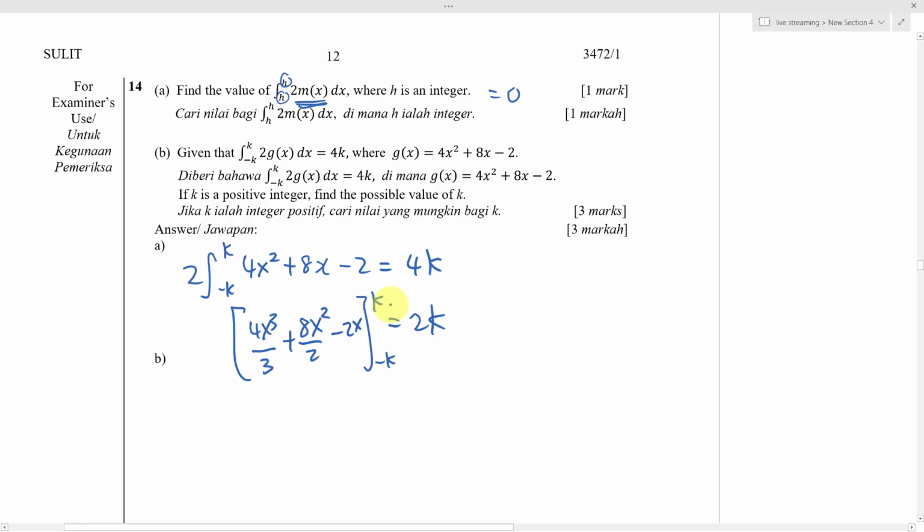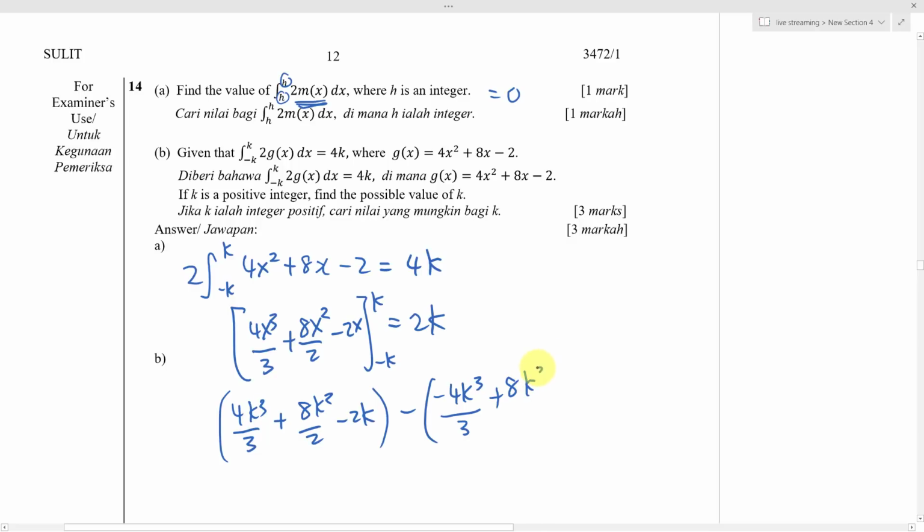Is there any easier way of doing this? Okay, never mind, just do it. Okay, so I plug in, so I will get 4k cubed over 3 plus 8k squared over 2 minus 2k, minus, I substitute negative k, negative 4k cubed over 3. I doubt this one, but let's do it.